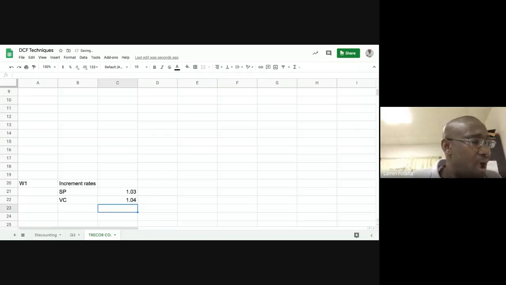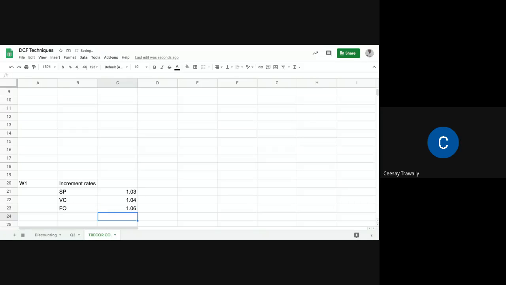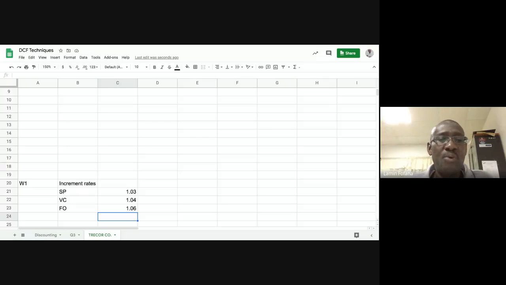Excellent. And the fixed production overheads, FO, I just call it the fixed overhead, is going to go up by 6%. So that means we have to multiply by 1.06. Okay, 1.03, 1.04, and 1.06.